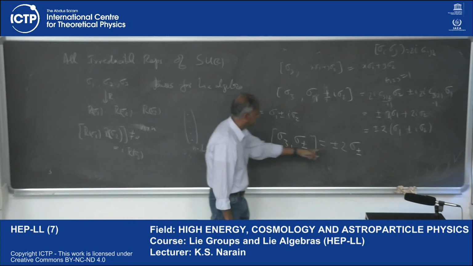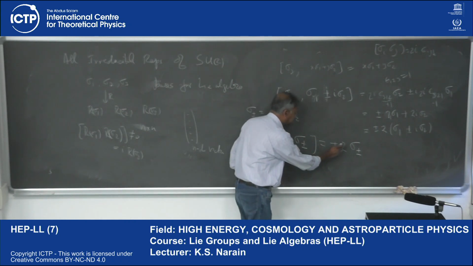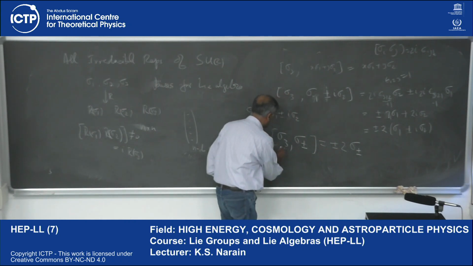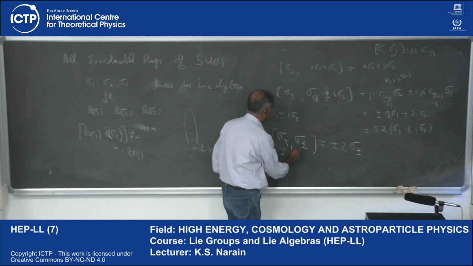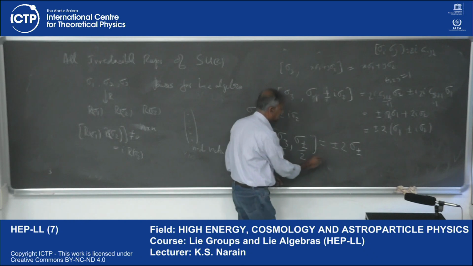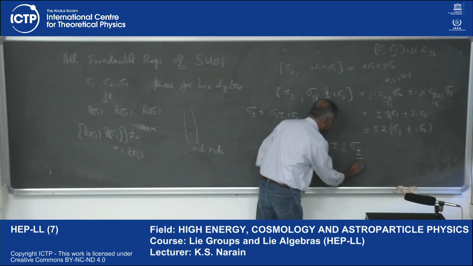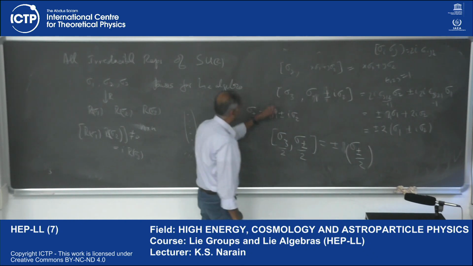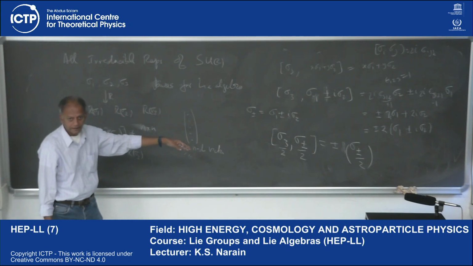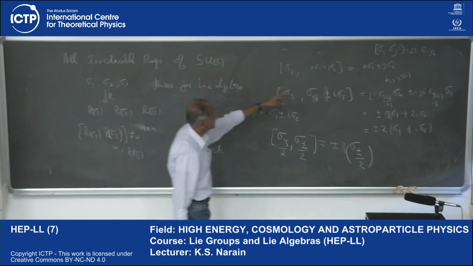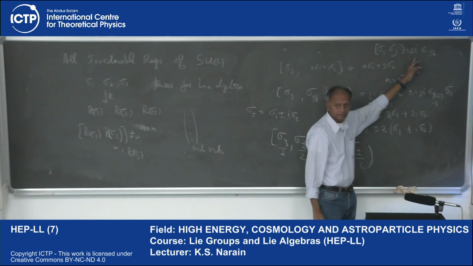And in order to get rid of this 2, let's redefine. So I put here sigma 3 by 2 and sigma plus minus by 2. So let us divide everything by 2, all the sigma matrices by 2. That 2 you divide just to get rid of that 2.